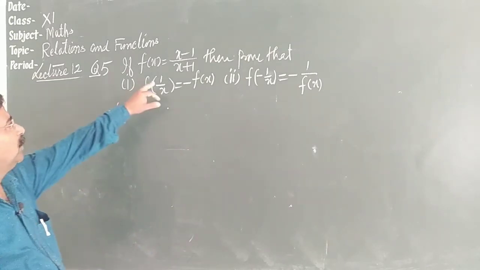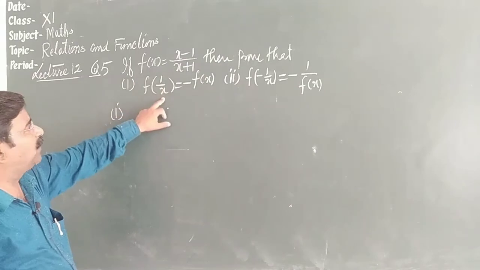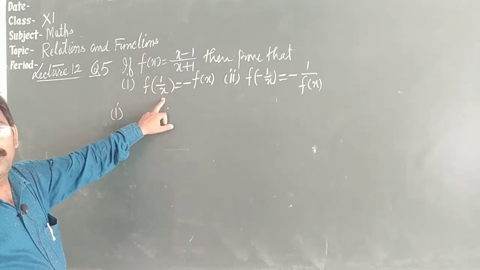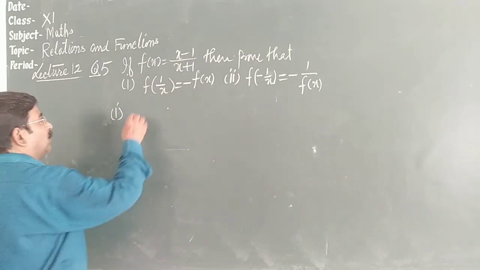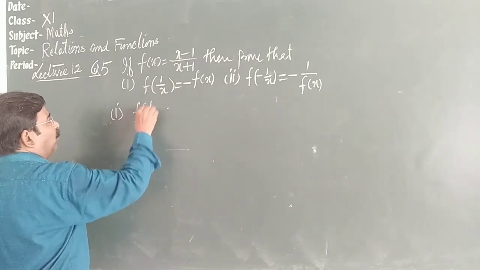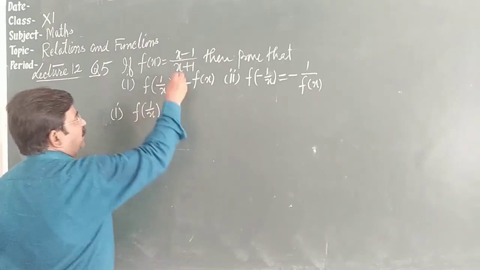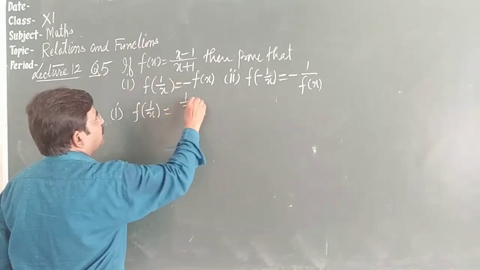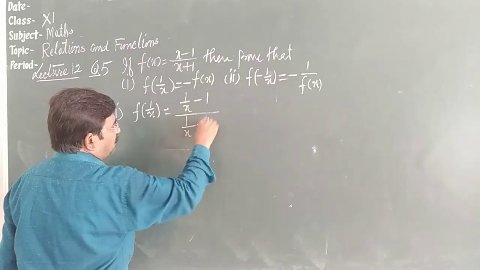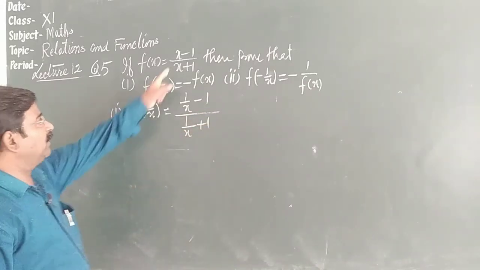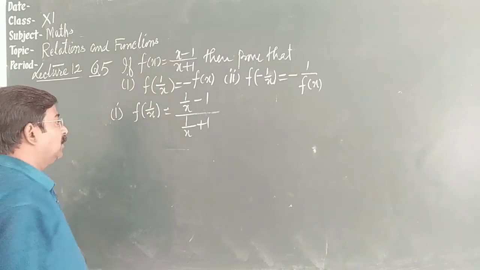I am solving the first part. Simply, what to do? In place of x you have to write 1 upon x. So I am writing f(1/x) = (1/x − 1)/(1/x + 1). What I have done? Just in place of x I have written 1 upon x.